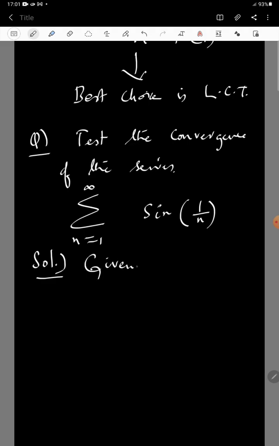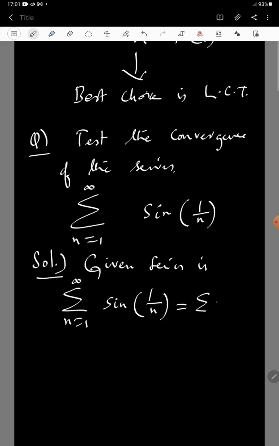Given series is sigma n equal to 1 to infinity sine of 1 by n is equal to sigma un, say, implies un is sine of 1 by n.